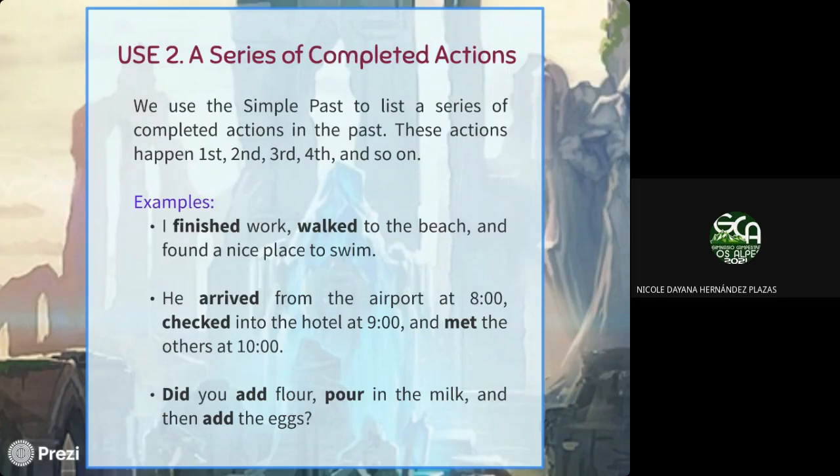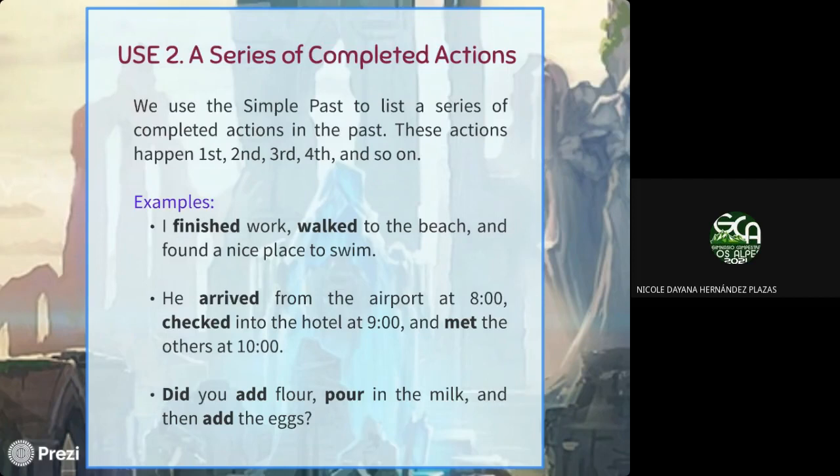Si se dan cuenta, estoy relatando algo que sucedió, acciones que pasaron. Terminé de trabajar, me fui para la playa y encontré un bonito lugar para nadar. Esto no tiene un tiempo específico, pero son acciones completas y terminadas en el pasado. Me está relatando algo que hizo. Una serie de acciones que se hicieron para llegar a determinado punto.